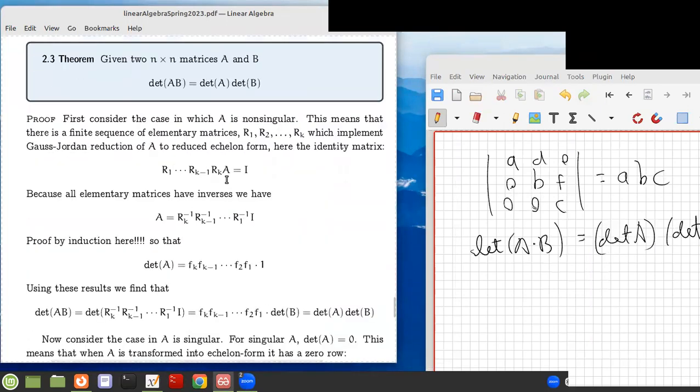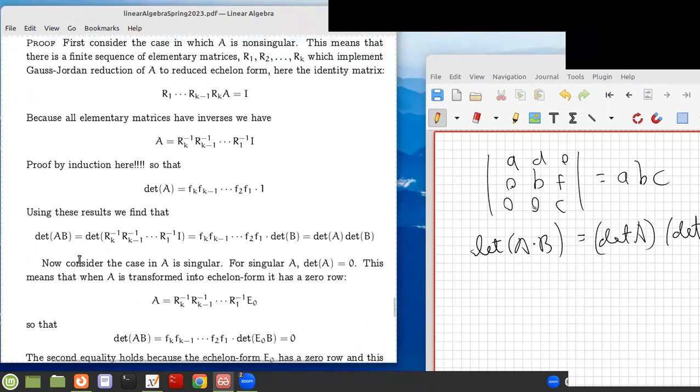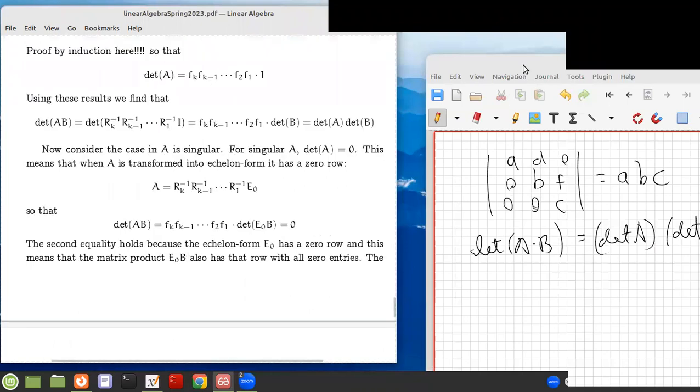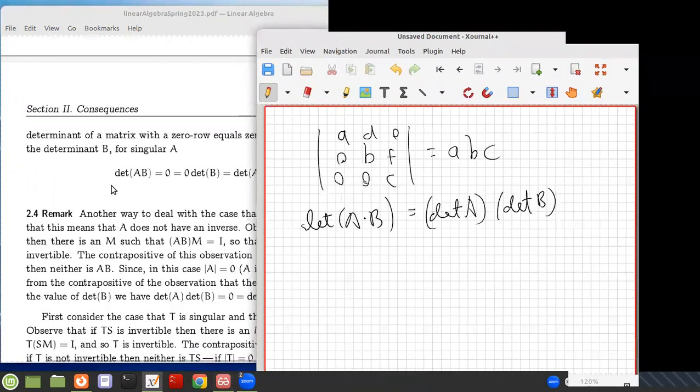If it's non-singular, I can reduce the matrix with row operations to the identity, and because I can express the matrix as a series of row operations, and I know how all the elementary matrices' determinants behave, I can factor them out. So the point is that the determinant of a product is the product of the determinants, which is important.